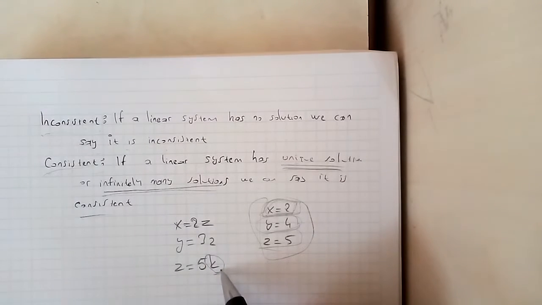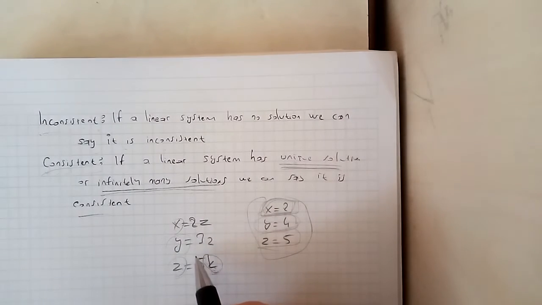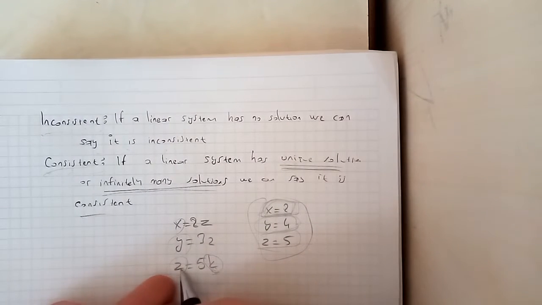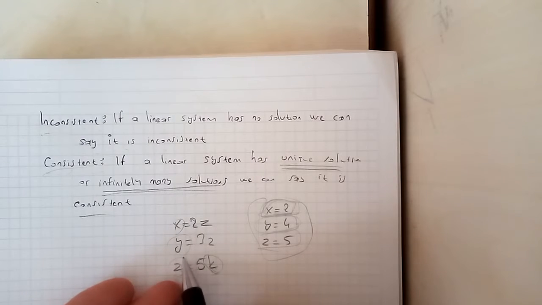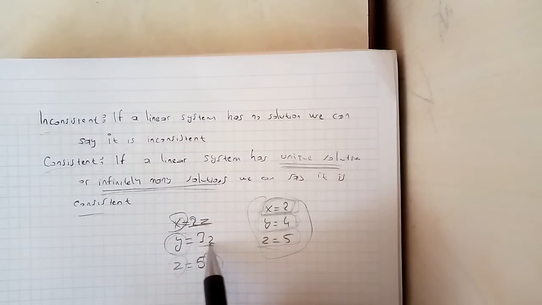You can choose a number which you want and put instead of k, and according to that number you can change the values of x, y, z. They can change and there is no restriction for you. For example, if you put 1 instead of k, z will be 5, and z has changed because of this reason. Y and x will change because their values depend on z here.